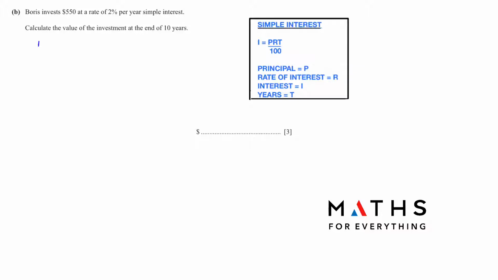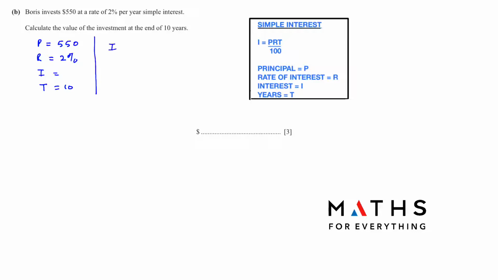So what is our P? $550. R is the rate of interest, 2%, and I is interest, which we have to find, and years is 10 years. So time is 10.